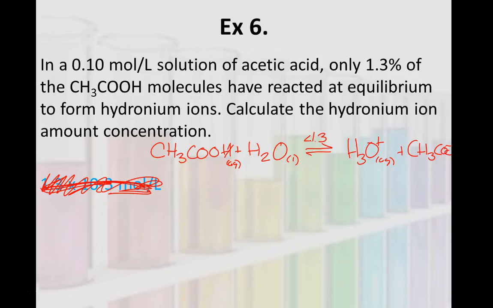They are asking me to figure out this guy's concentration. And so I can use the formula that we just had, that the percent ionization is equal to the hydronium ion concentration over the initial concentration of the acid, and that's a percentage, so it's times 100%.